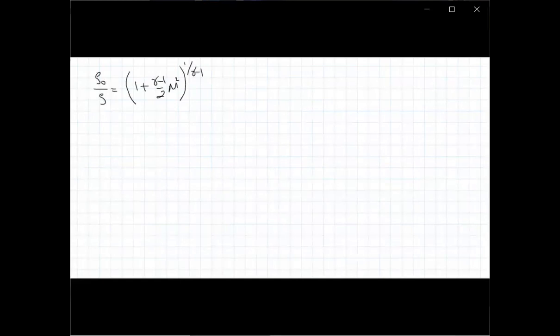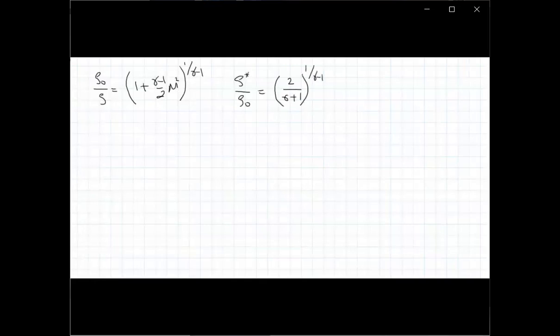Now when the static density rho is equal to rho star, then of course the Mach number becomes equal to 1, and then this rho star over rho 0 becomes only a function of gamma, not a function of Mach number anymore. So it becomes equal to 2 over gamma plus 1, to the power 1 over gamma minus 1.